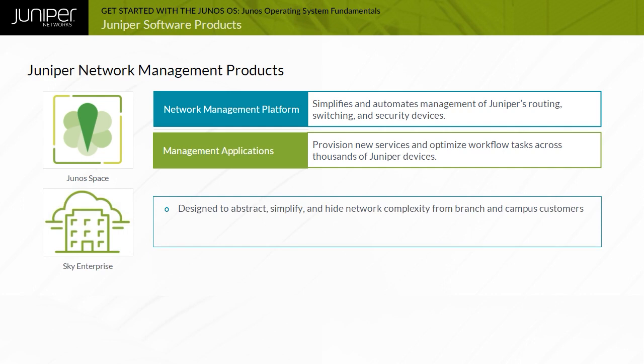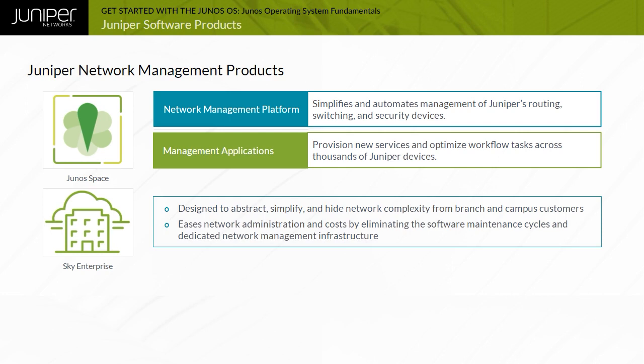Juniper Sky Enterprise is a cloud-based management portal designed to abstract, simplify, and hide network complexity from branch and campus customers. It eases network administration and costs by eliminating the software maintenance cycles and dedicated network management infrastructure. It also greatly simplifies network operations by automating time-consuming tasks.